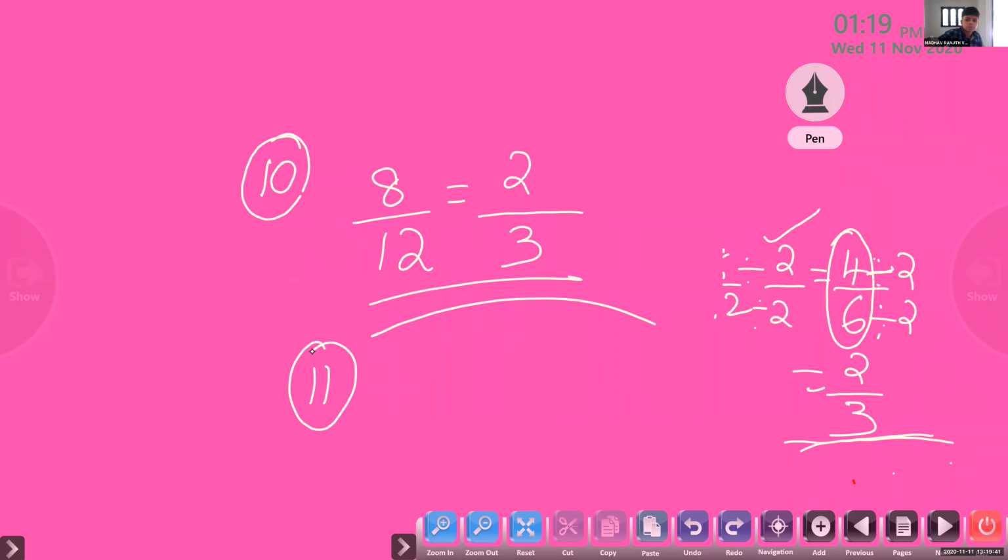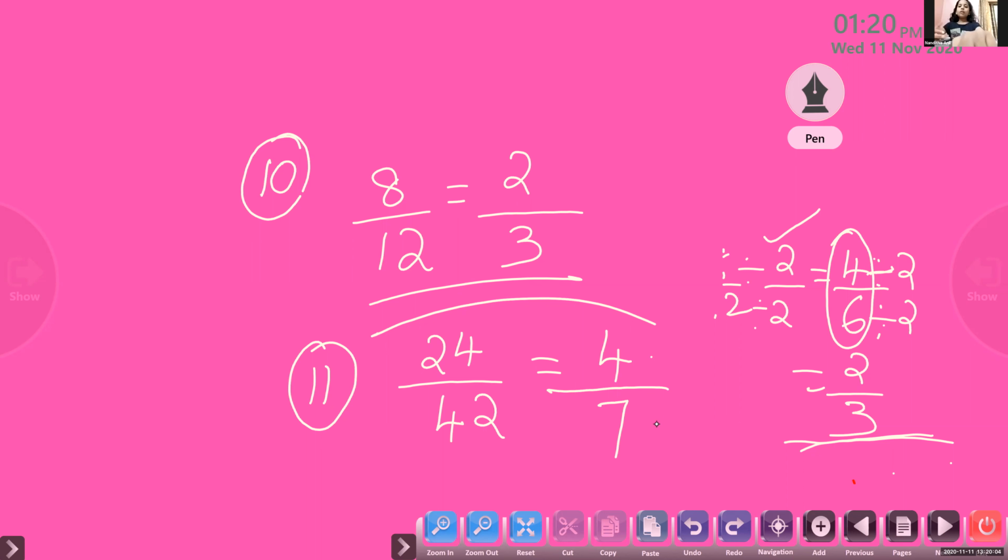Question number 11. 24 divided by 42. When you divide by 6, you will get 4, since 4 times 6 is 24, and 7 times 6 is 42. 4 by 7. Now check 4 and 7. Is there any other common factor? No, ma'am. The only common factor we have is 1.